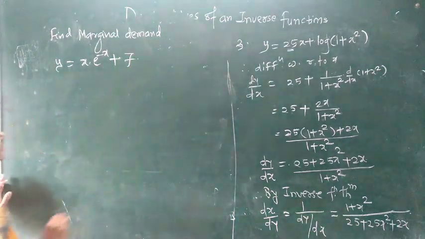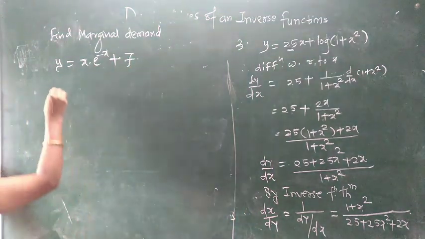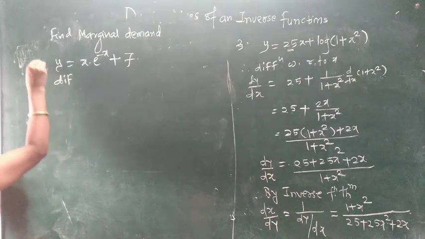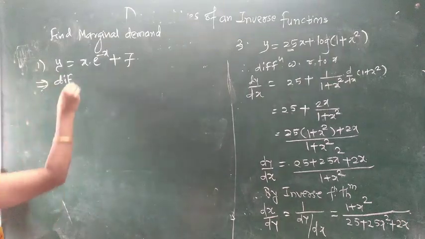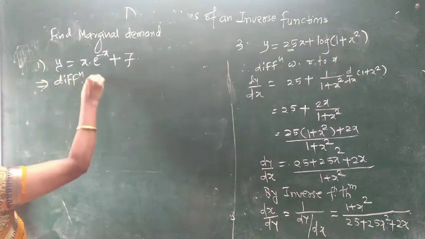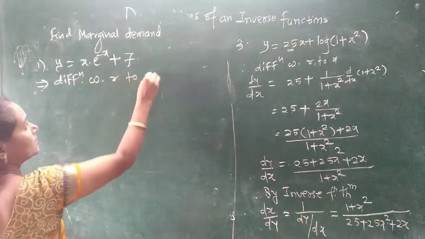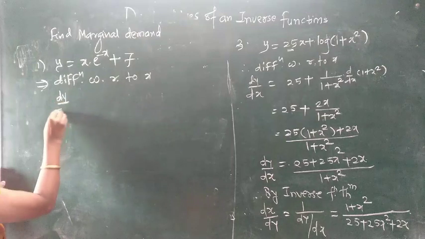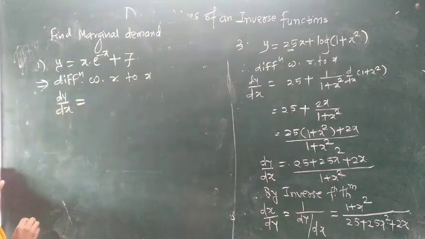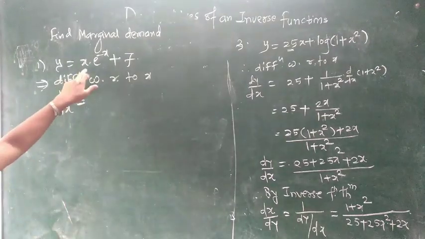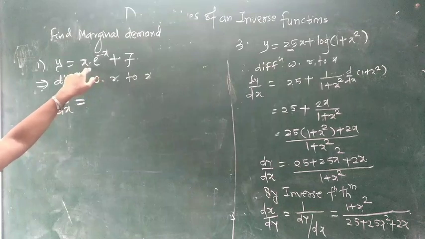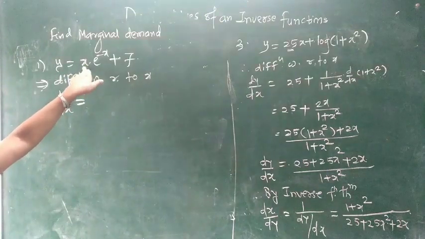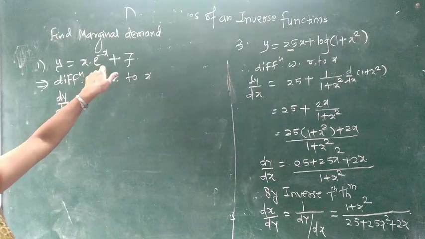So first differentiate this term with respect to x. So dy upon dx is equal to, now here we have to use the product rule because there are two terms, x and e raised to minus x.